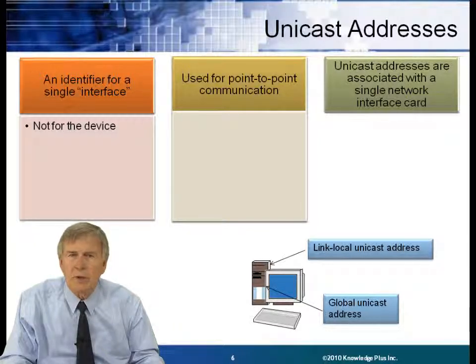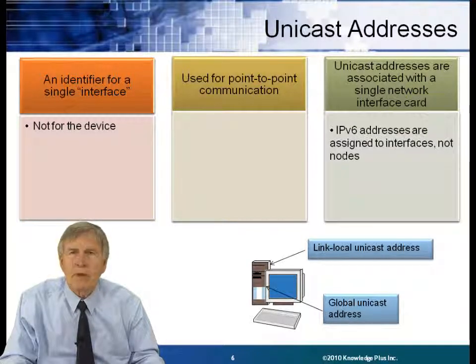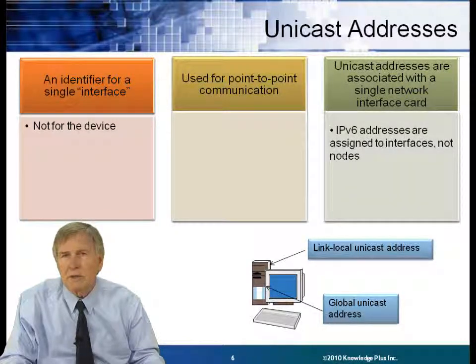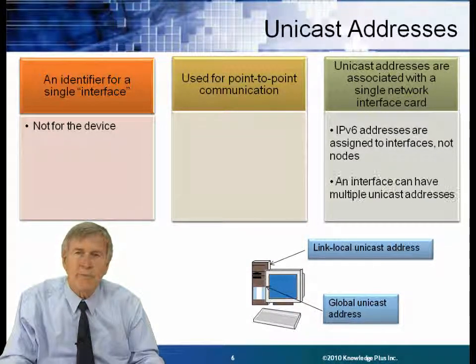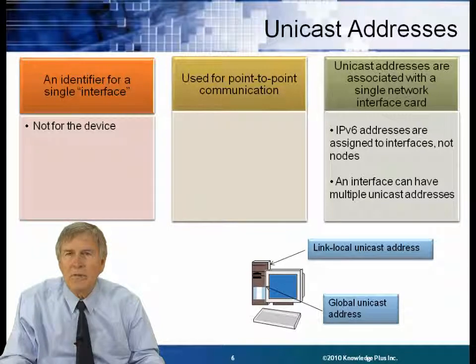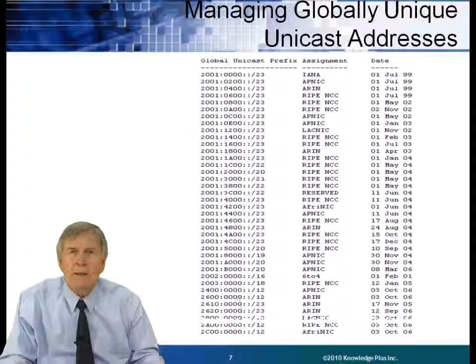So we're showing here that we could have different interface cards in a particular box. IPv6 addresses are assigned to interfaces, not to devices or nodes. So an interface can have multiple unicast addresses.